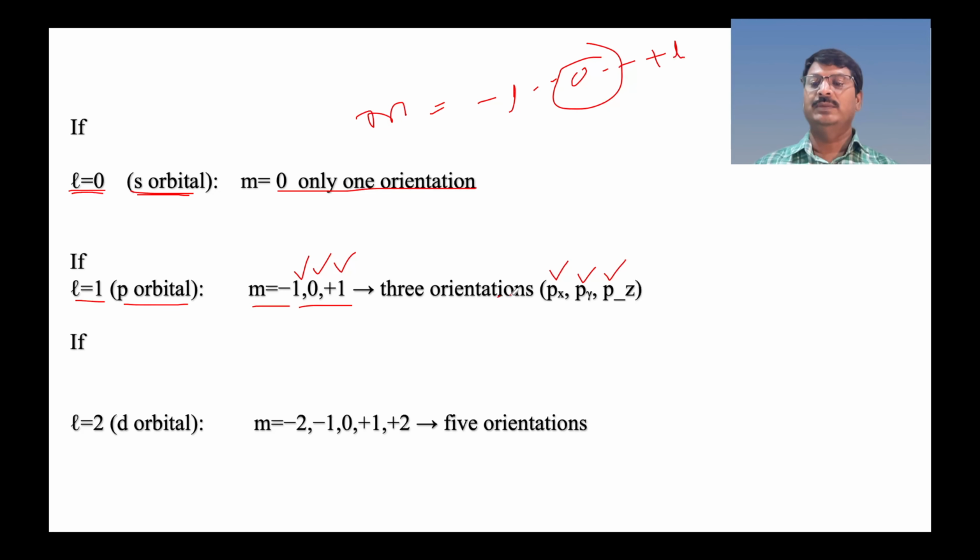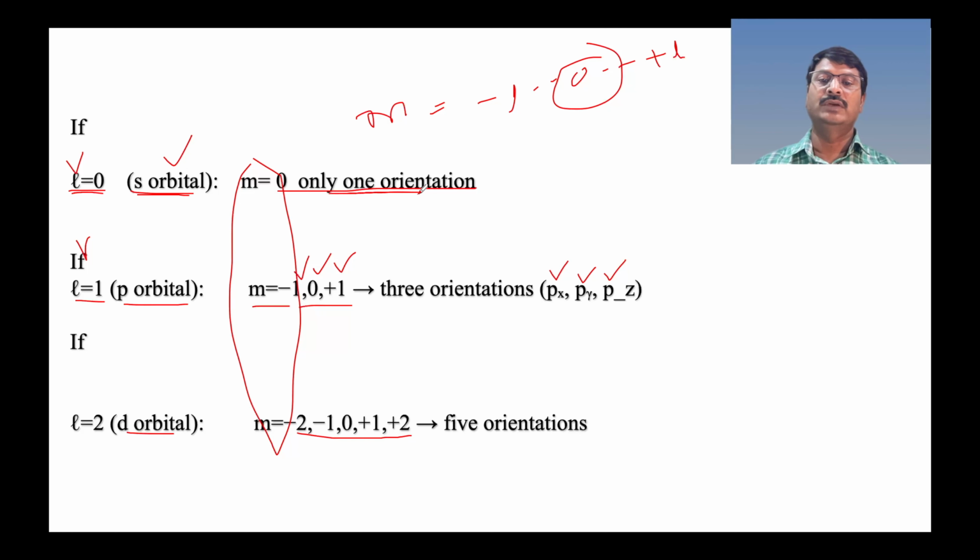And similarly, if L is equal to 2, it is called d orbital. The orientations of the orbitals are 5 types. m is equal to minus 2, minus 1, 0, plus 1, plus 2. So the m values depend upon the L value. If L is equal to 0, s orbital contains only one orientation. If L is equal to 1, p orbital contains 3 orientations: minus 1, 0, plus 1, called px, py, pz.